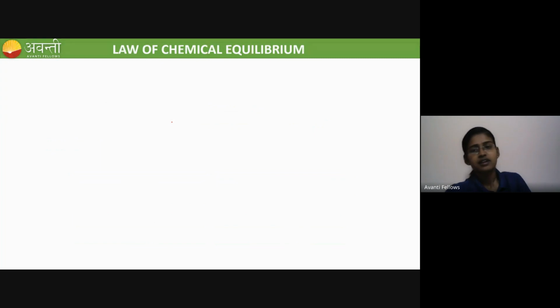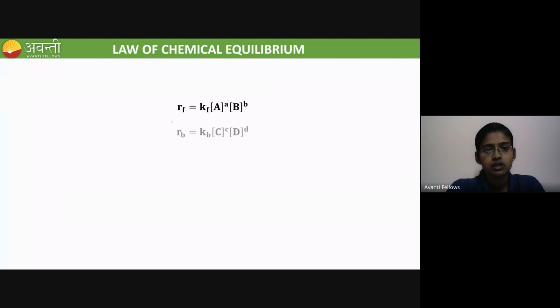Law of chemical equilibrium. Let me take two expressions. One is the rate of the forward reaction, the other is the rate of the backward reaction. Suppose I have aA plus bB giving cC and dD. This is the forward and this is the backward reaction.